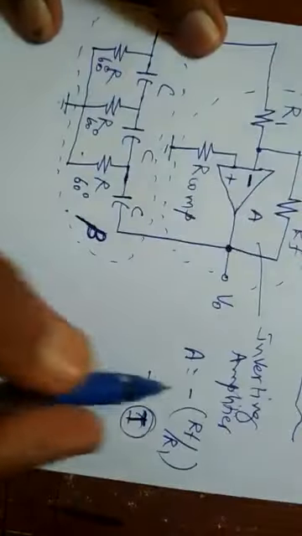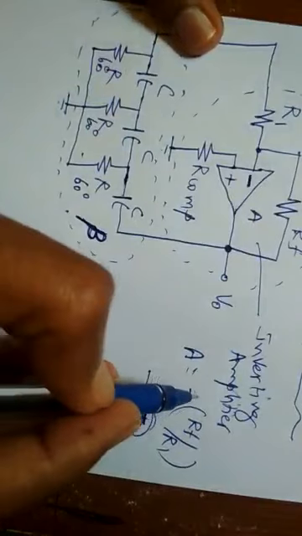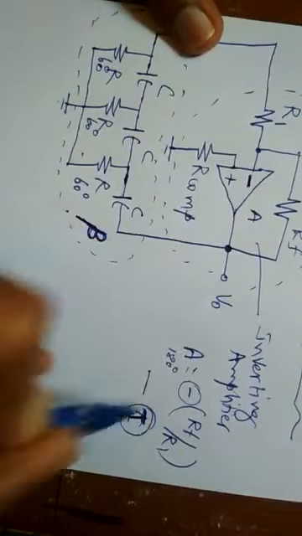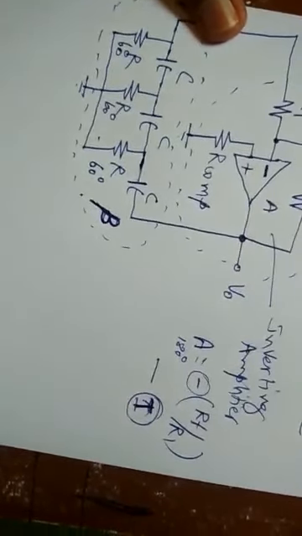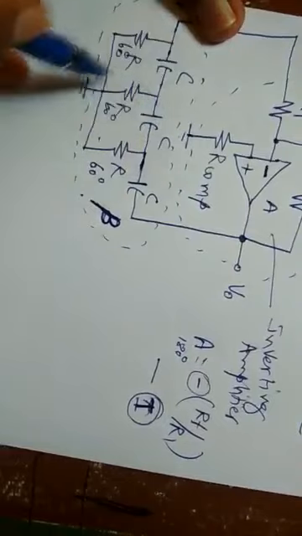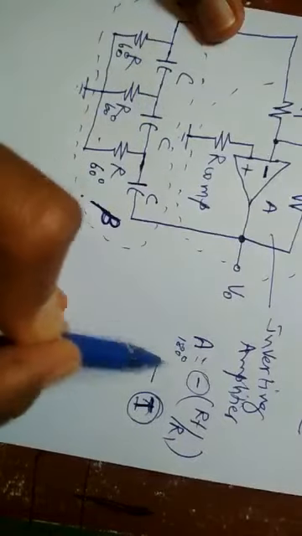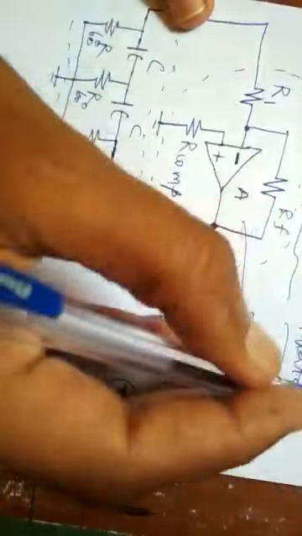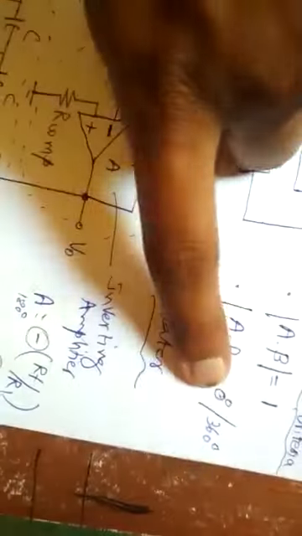And if you consider equation 1, in its expression you have a minus, so this is also having 180 degree phase shift. So in the feedback path you have 180 degree, and in the forward path you have 180 degree. Both the phase shifts cancel each other, or you can take this another way, the phase shift is 0 degree.